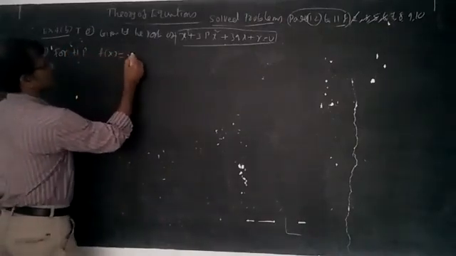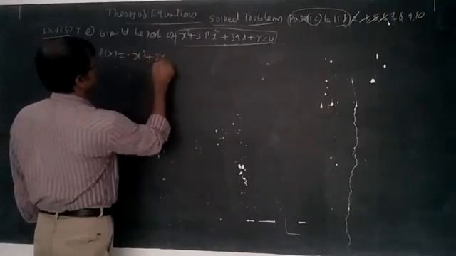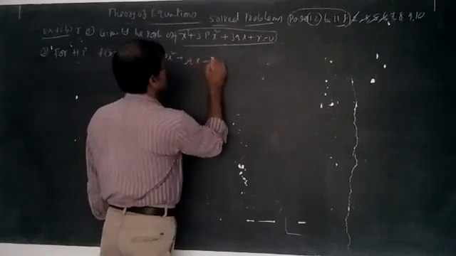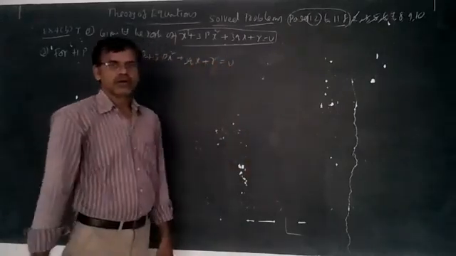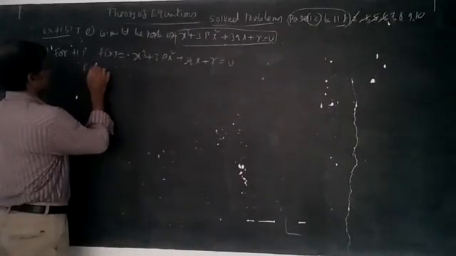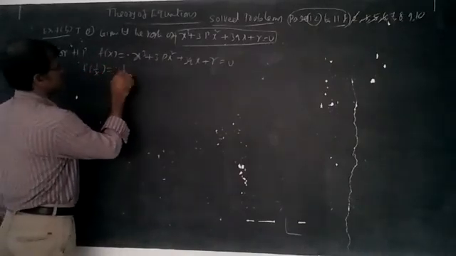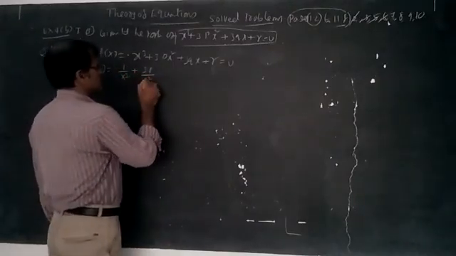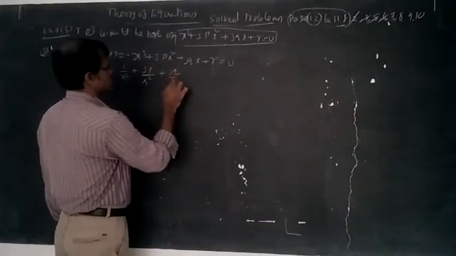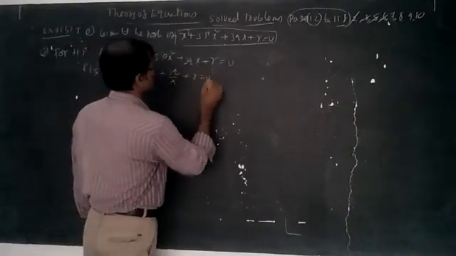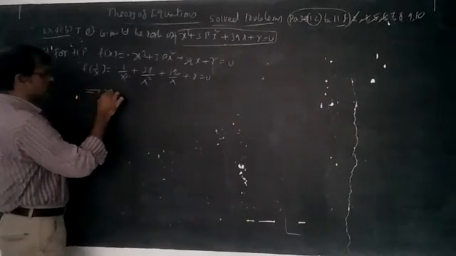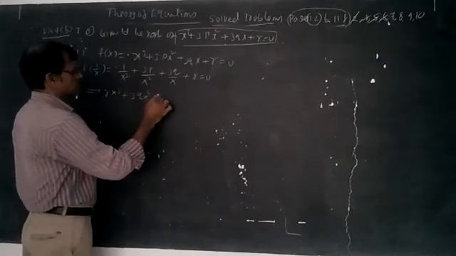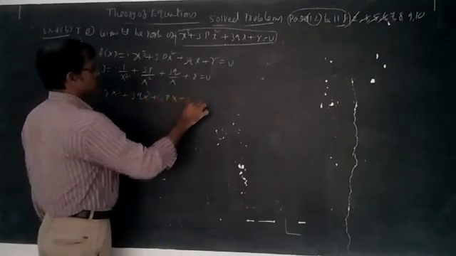we write f of x is equal to x cube plus 3px square plus 3qx plus r is equal to 0. Let us consider f of 1 by x. Taking the reciprocal equation, it becomes 1 by x cube plus 3p by x square plus 3q by x plus r is equal to 0. That implies it becomes rx cube plus 3qx square plus 3px plus 1 equal to 0.